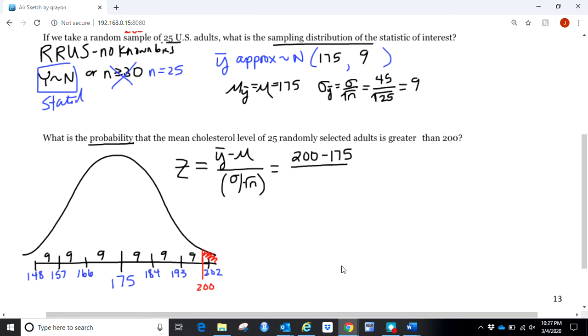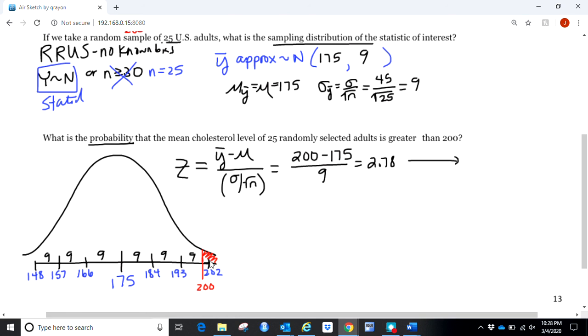And the standard deviation for 25 adults is this value that I already found up here, right? Sigma over the square root of n. That's what I'm being asked to find. So it's just going to be this 9. I've already done the math. I don't need to do it again. And now when I get my z-score, it's 2.78. Again, because we're between 2 and 3 standard deviations above the mean.